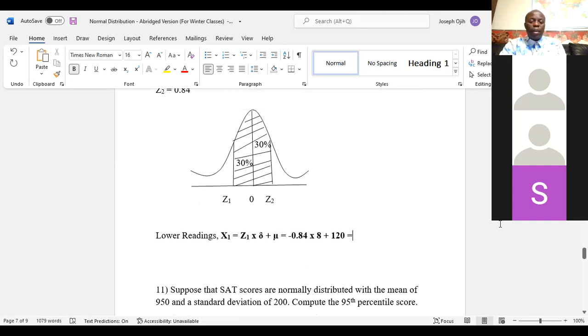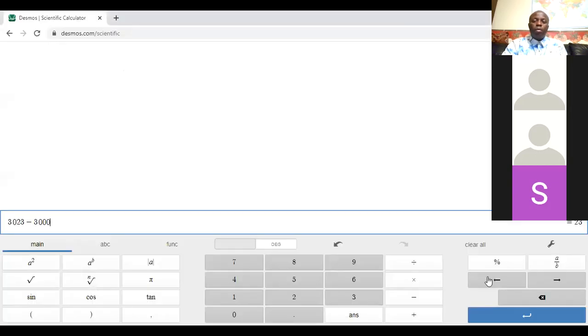So we can get this from our free calculator online. I'm going to move this up. Okay. So we have it here.